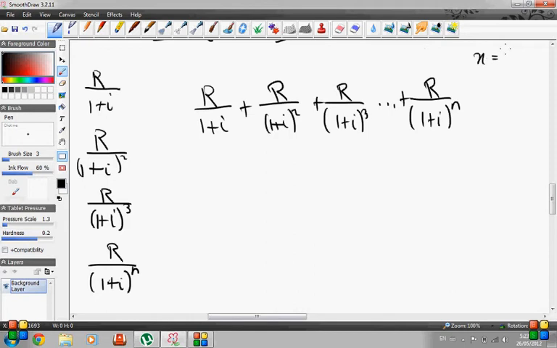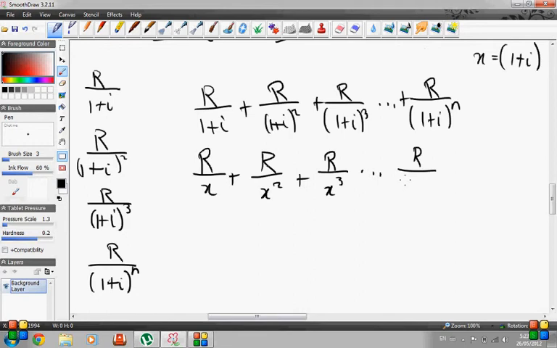So let's say that X is equal to 1 plus I. We can rewrite this as R over X plus R over X squared plus R over X cubed, all the way up to R over X to the N.